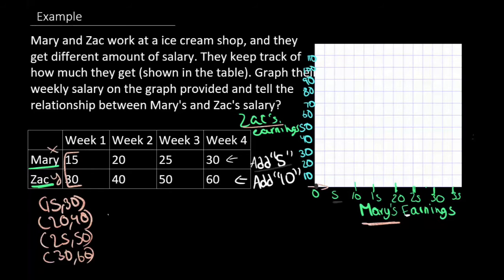Mary earns 15 and Zach earns 30, and it's right here. Then 20 comma 40, 25 comma 50, 30 comma 60.